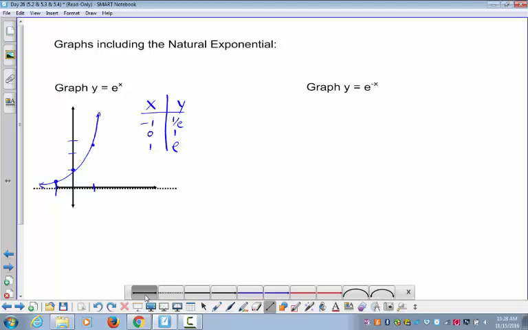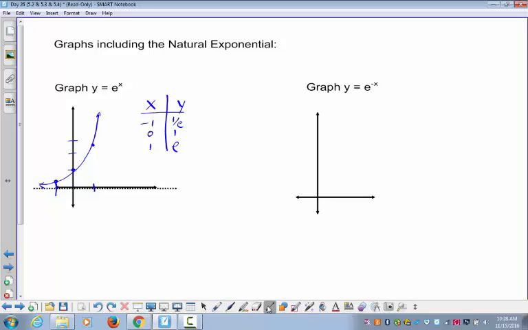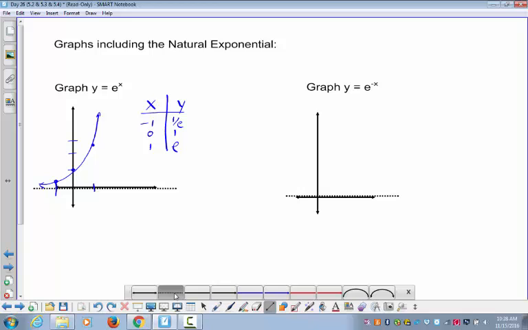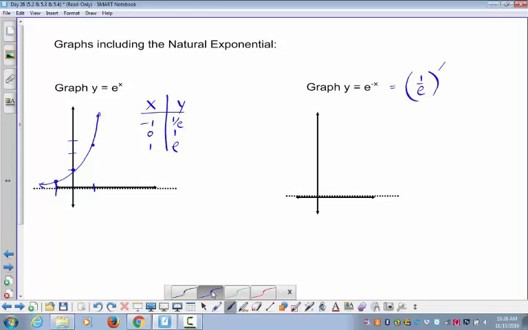And similarly, we have exponential decay with the base of 1 over e. We can write this as 1 over e, about a third, to the x. Plug in your x values.